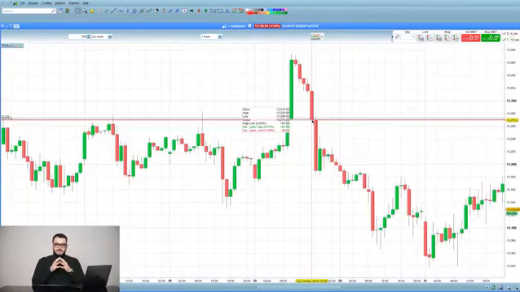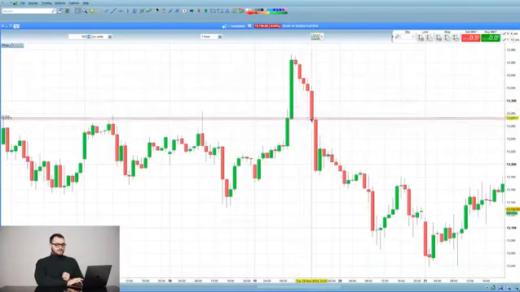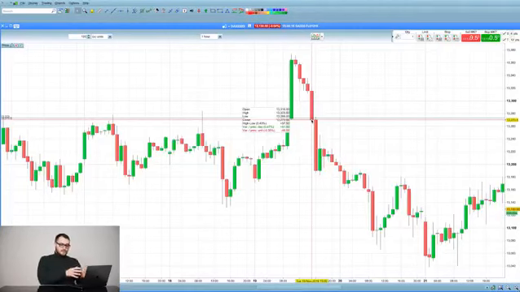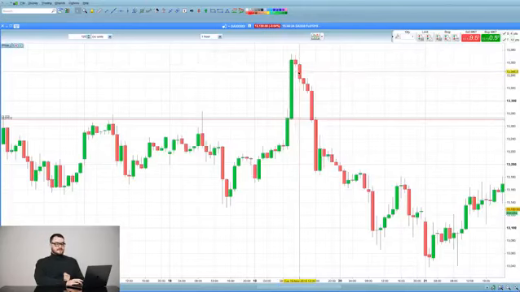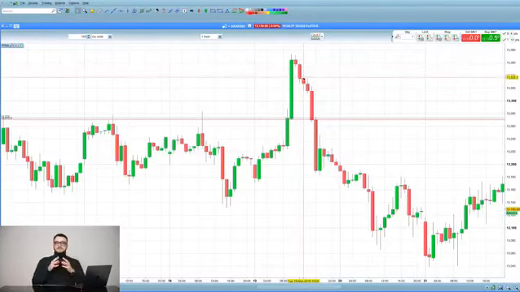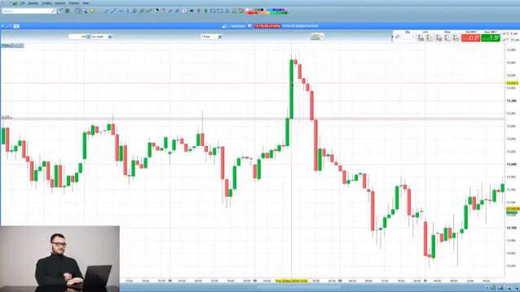Now, as far as the complex false break is concerned, we would set out our stop sell order, as in this case, after the 3rd candle finishes and closes above the level. So this one is the first one, the one that broke the level. This is the 2nd one, and this is the 3rd one.